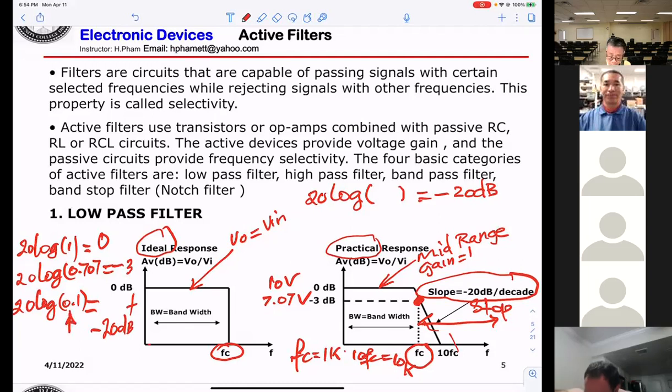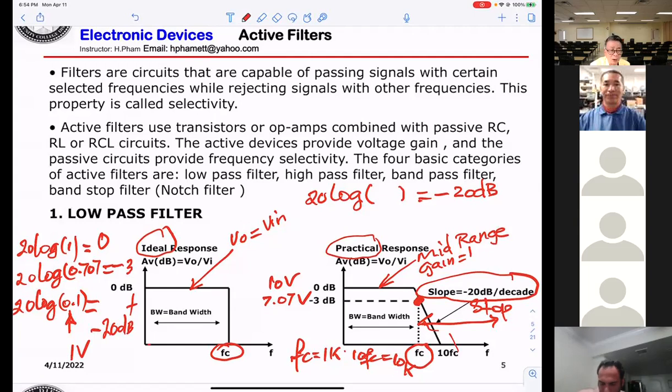So you want to calculate the output voltage. You take 10 volt times 0.1. That's what you get, 1 volt. That will be telling you at 10 times the cutoff frequency in this case, the output voltage will be 1 volt.